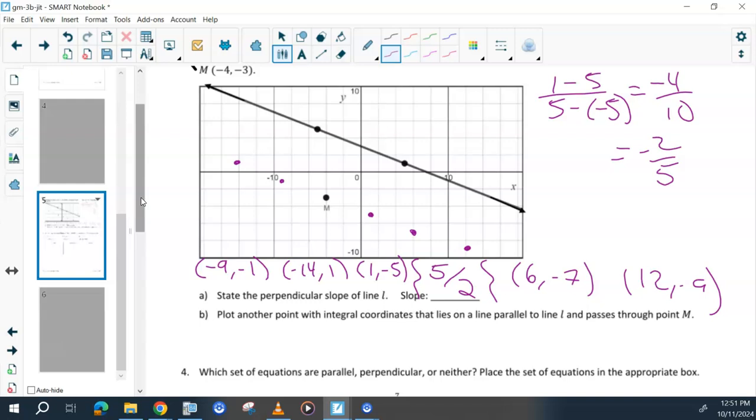So you could have plotted any of these points for part B, but you have to count using the halves, or remember that this is counting by 2s.